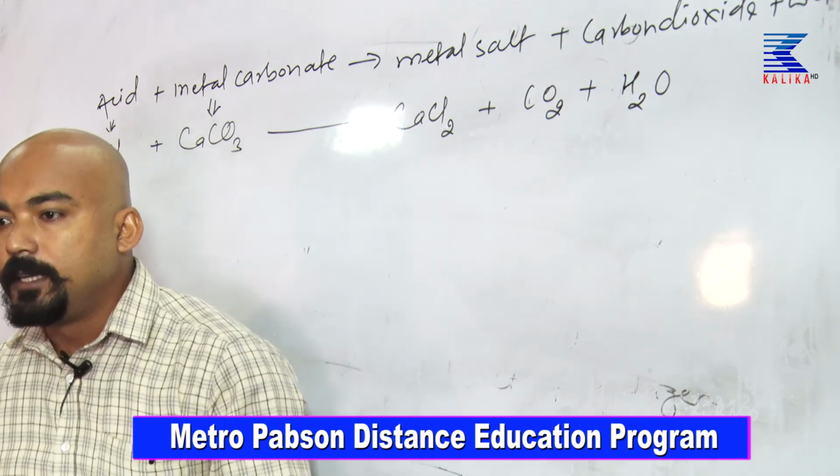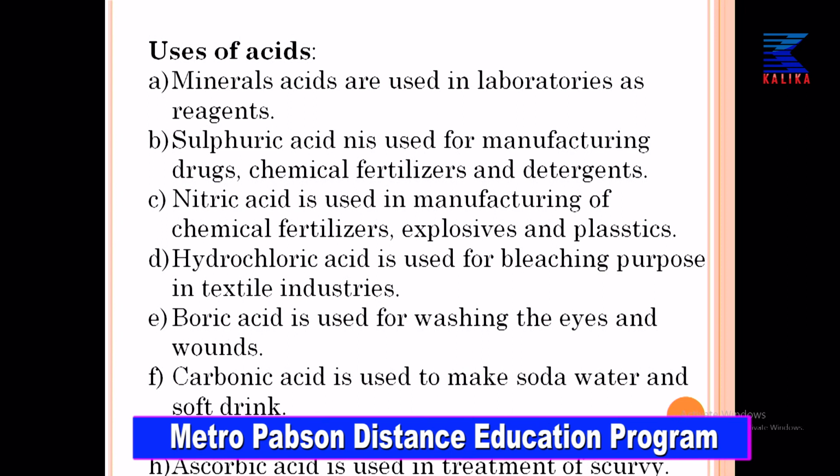Now, in the slide you can see the uses of acids. What are the uses of acids? As I said in my starting lecture, we are knowingly and unknowingly using acids, bases or salts, but later on their uses have been more clarified, whichever acid we can use and whichever we cannot use.